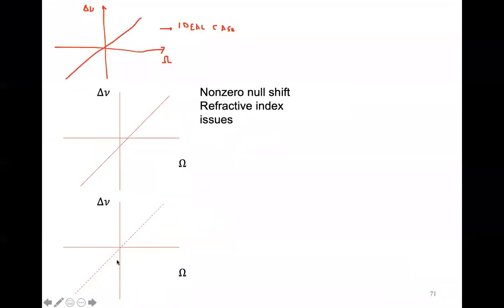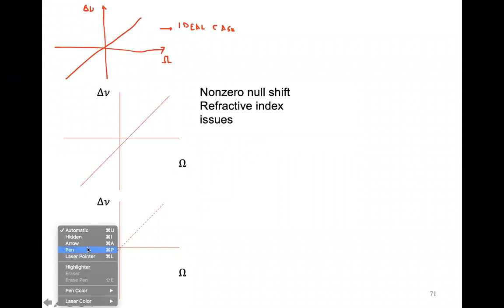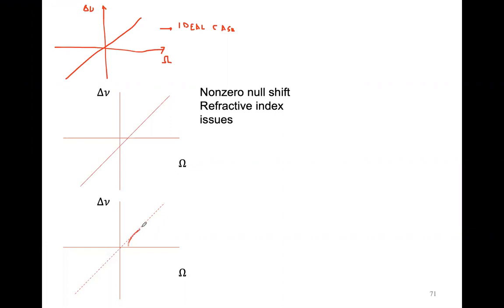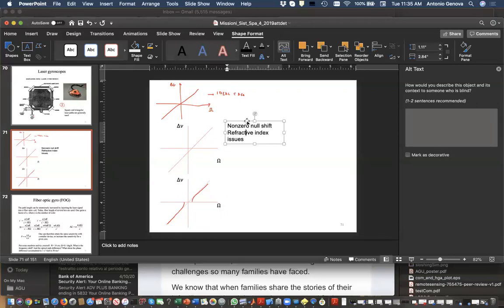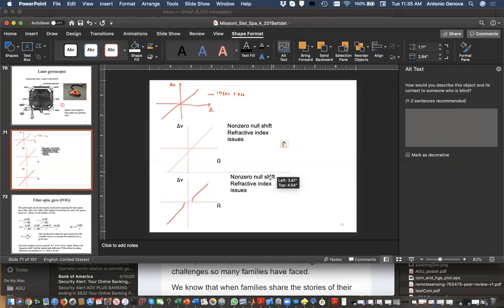For the lock-in problem, you have something going like that. This is an important problem because it means that for low omega, you are not able to have any signal for the delta frequency. So you're not able to measure low omega.